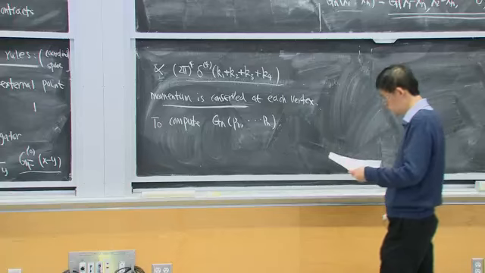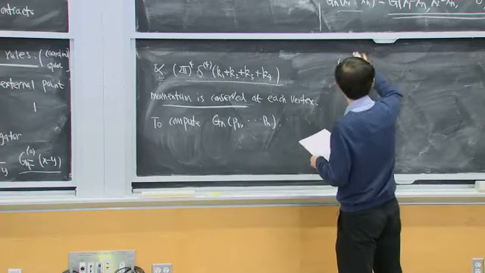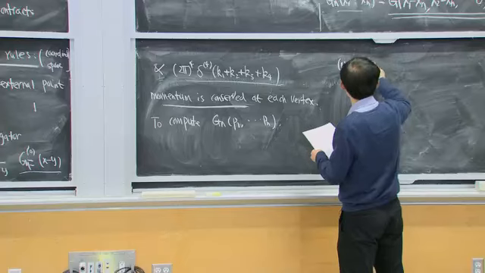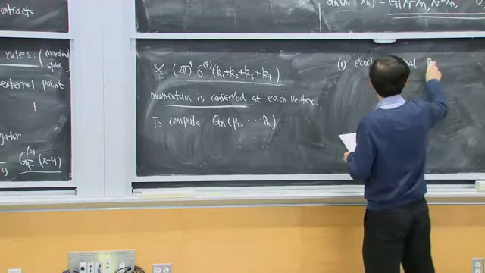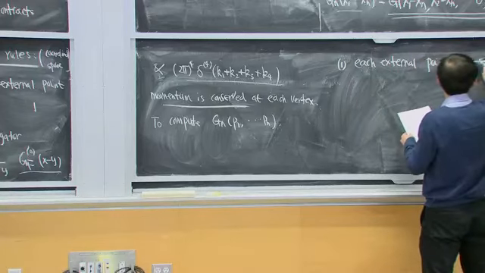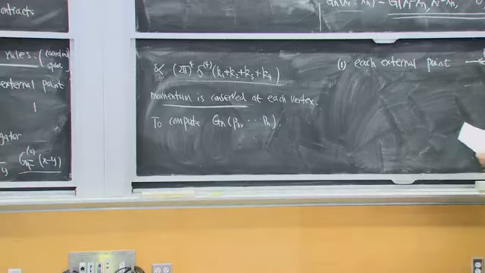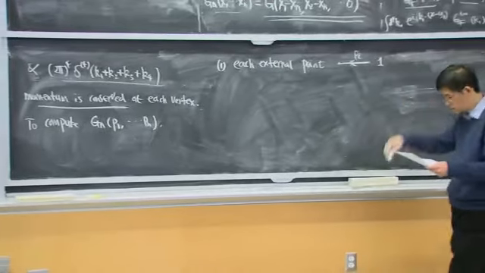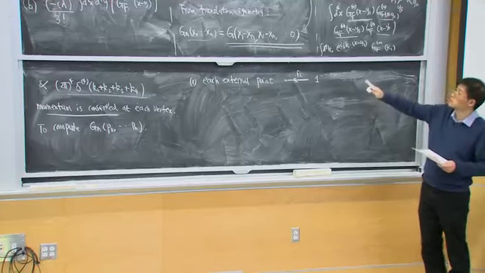First, for each external point, you can associate a momentum, and you associate a factor of 1, and then you draw a line.